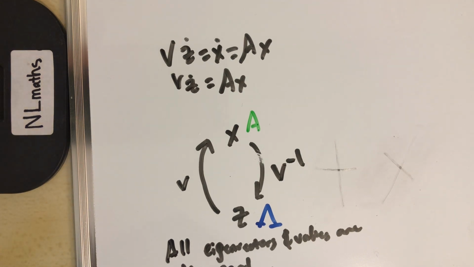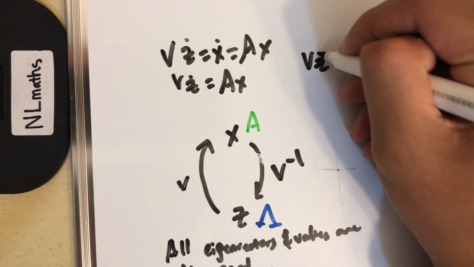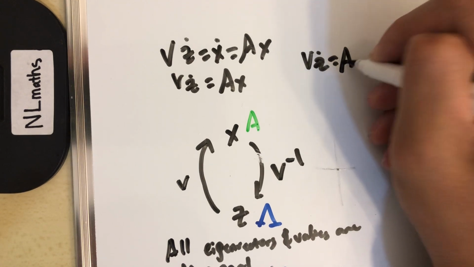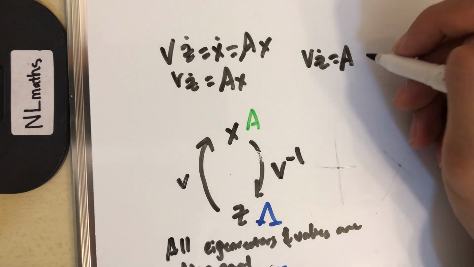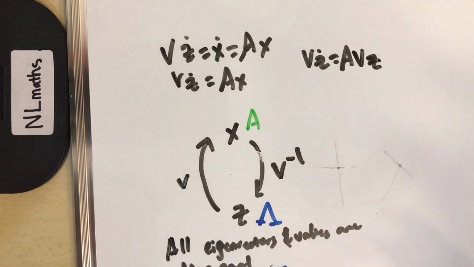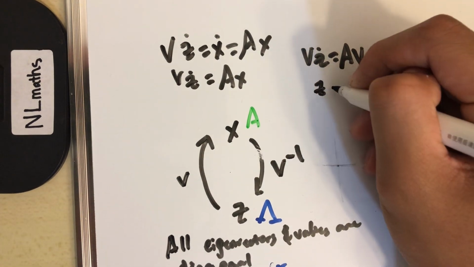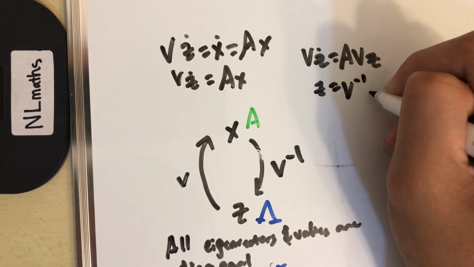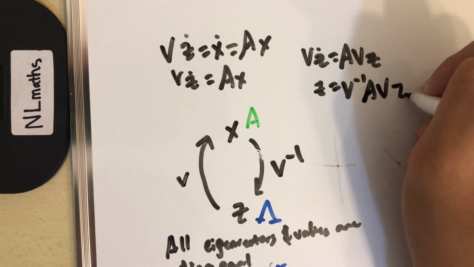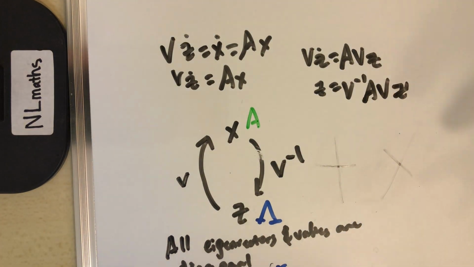And then we get that V Z dot is equal to A V Z, because we just saw that X equals VZ. Then Z dot equals inverse of V times A times V times Z. And this is very intuitive for me.